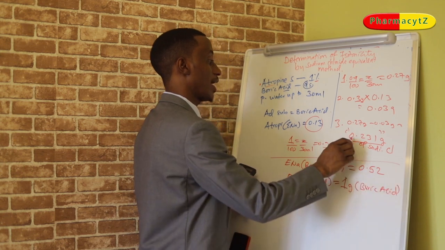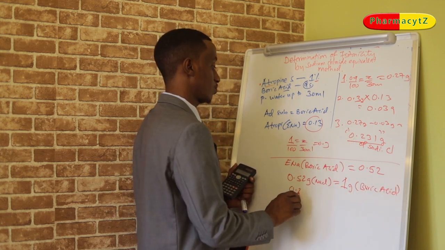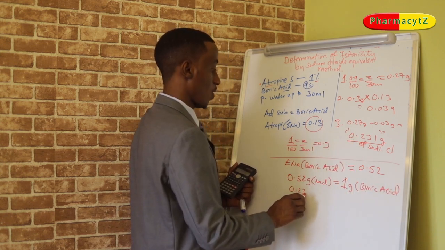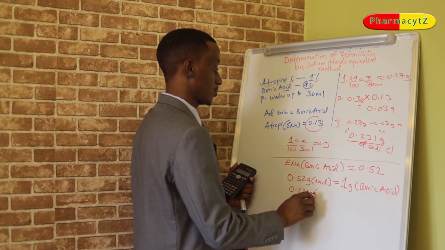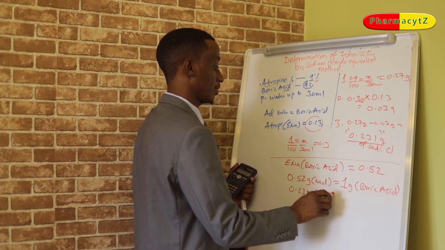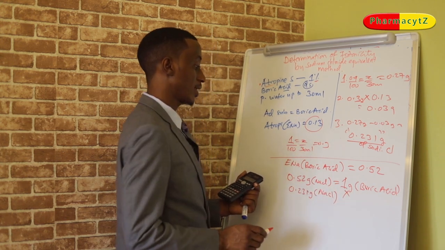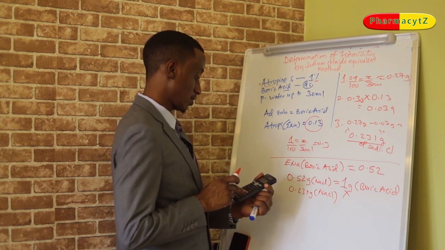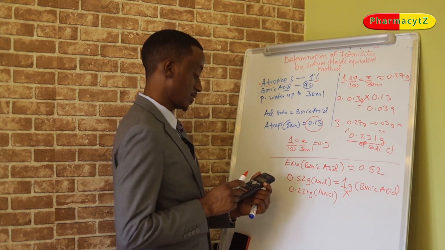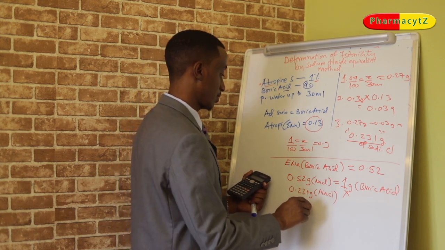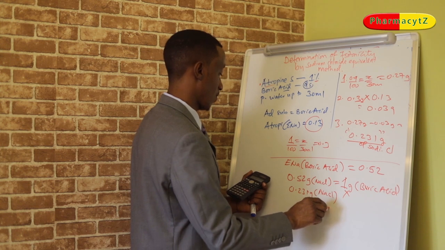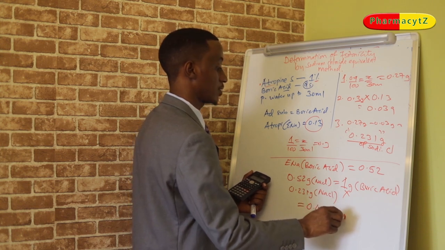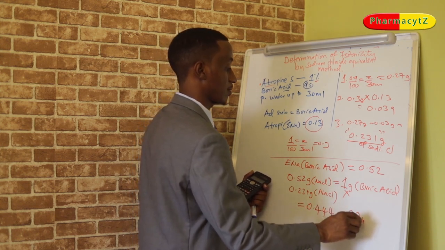So if I have 0.231 grams of sodium chloride, then how much boric acid do I need? Just cross multiply. Then this is 0.231 divided by 0.52, that is 0.444 grams of boric acid.